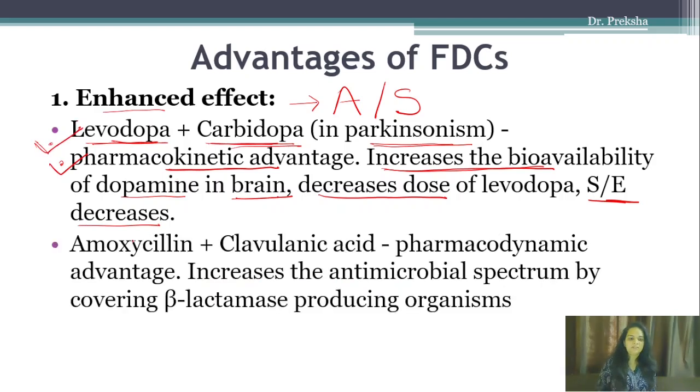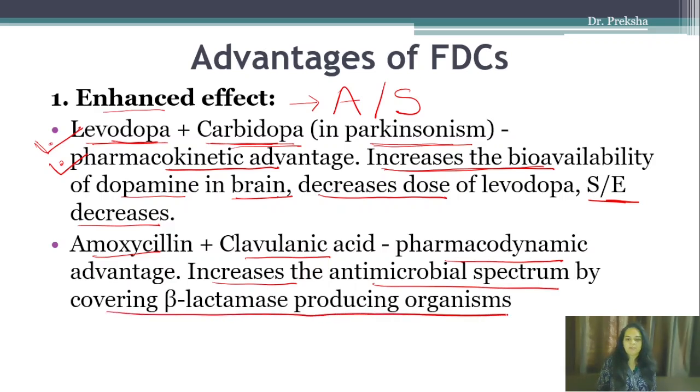Next is amoxicillin, which is combined with clavulanic acid. It has a pharmacodynamic advantage. Clavulanic acid increases the antimicrobial spectrum by covering beta-lactamase producing organisms. So this is a synergistic combination, and this is also a rational FDC.